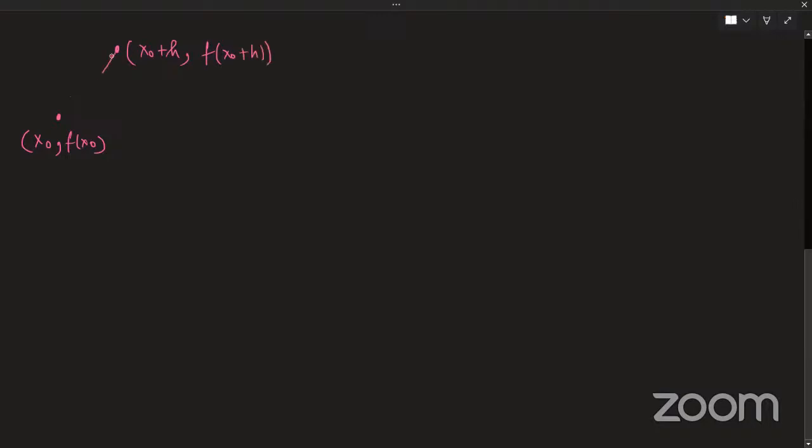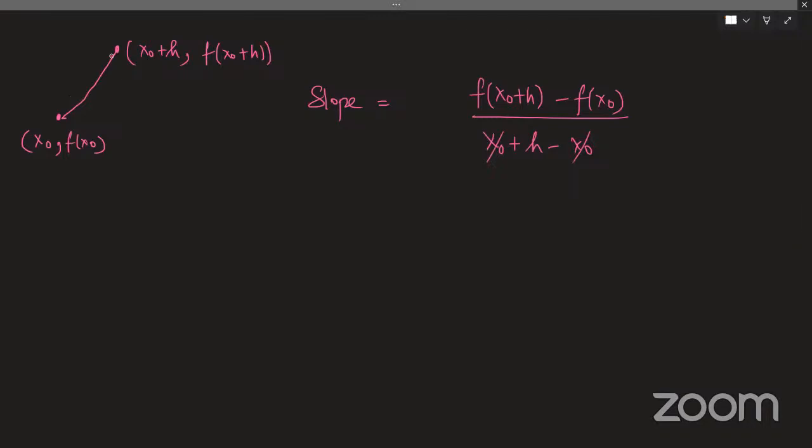So I can just directly use the concept again. Can you tell me what will be the slope of my line? My slope will be f of x naught plus h minus f of x naught by h. So this x naught and x naught will get cancelled, right?